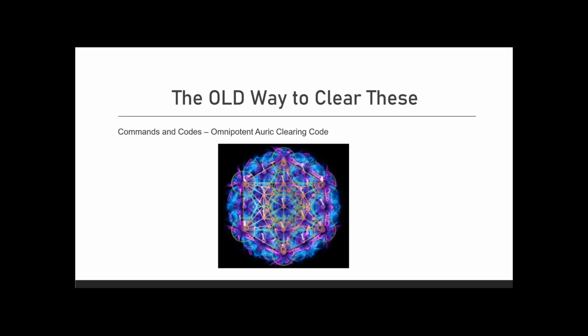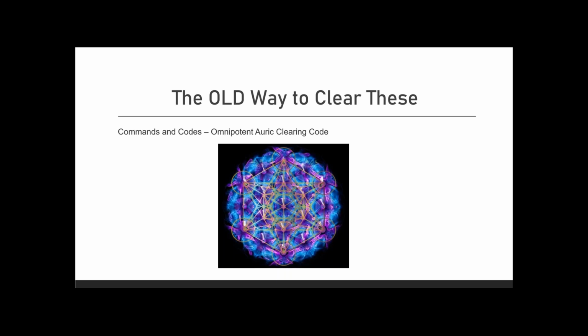So as you can see, I have not just memorized that code, I've learned it because I used to do 12 to 16 sessions per day with my clients, and I would be doing that command over and over and over.